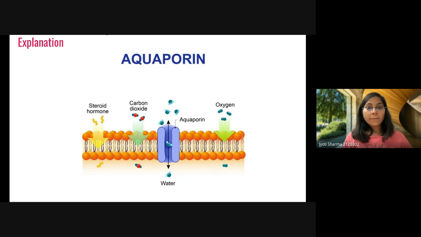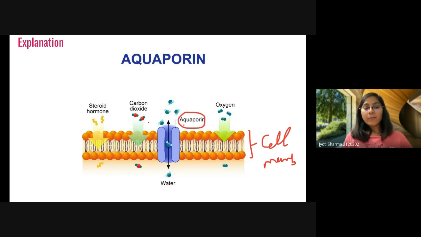So these are the aquaporins. This is our cell membrane. This is the cell membrane structure, and in that cell membrane structure we have aquaporins.